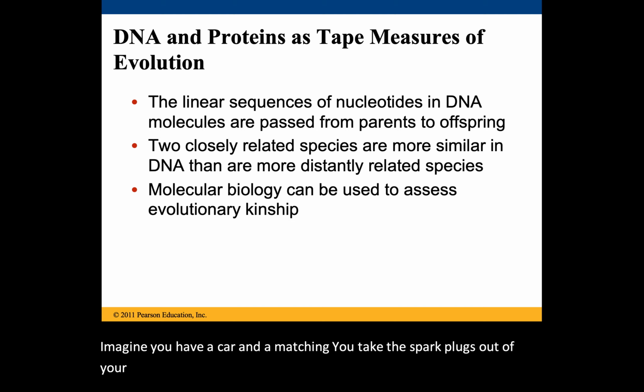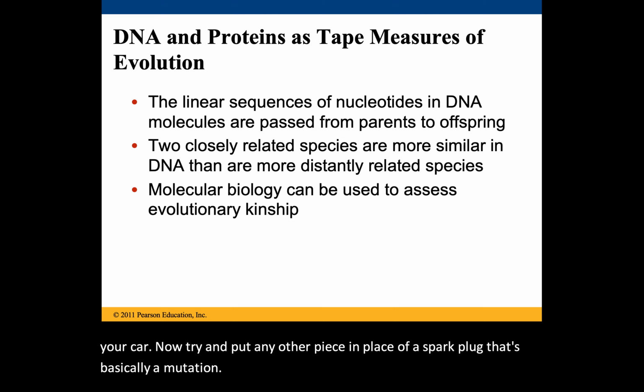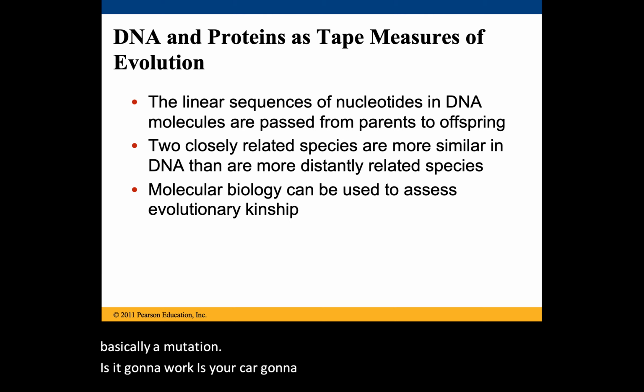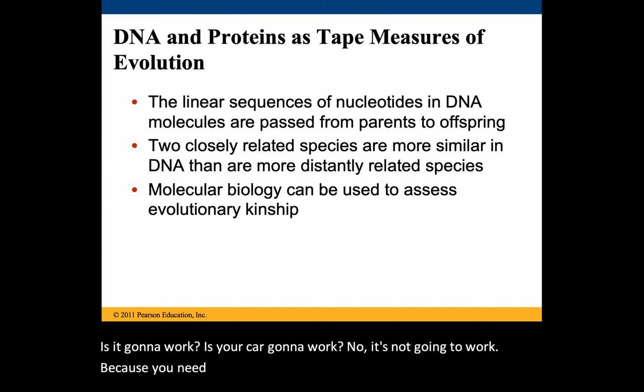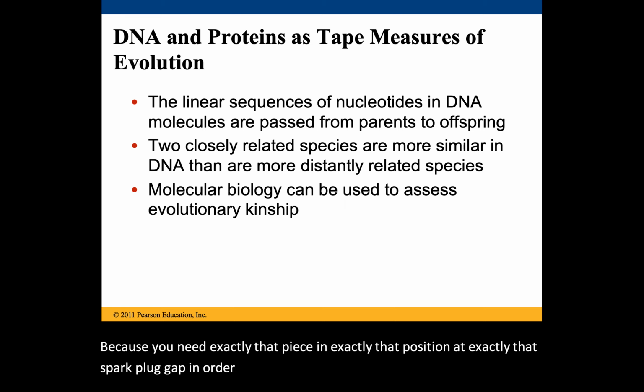Now try and put any other piece in place of a spark plug. That's basically a mutation. Is it going to work? Is your car going to work? No, it's not going to work. Because you need exactly that piece in exactly that position at exactly that spark plug gap in order to get your combustion engine to work.